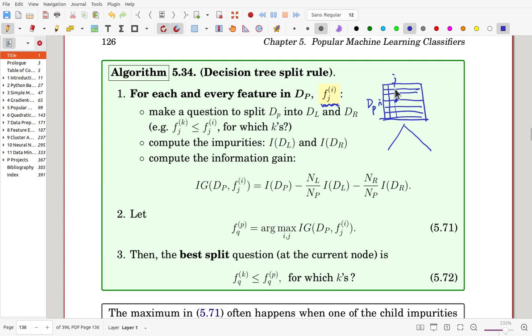And for the next point, this value and that value will be compared, and if it is not satisfied, then it will go to the right side, and so on. We do it that way, then we can make two children, D_L and D_R. Now, for each one, we compute the impurity, so that we get I(D_L) and I(D_R). Now we get the information gain.